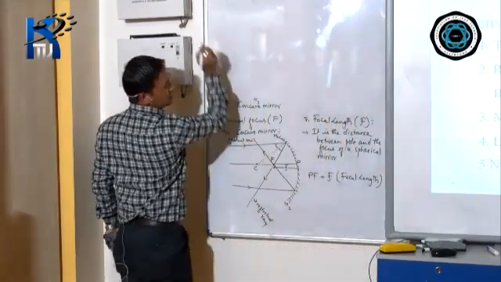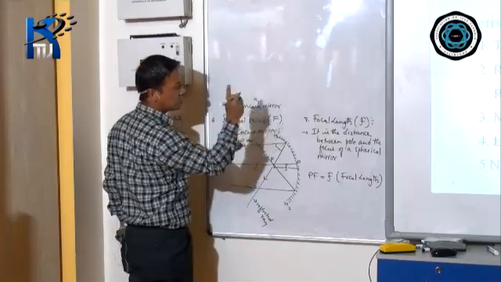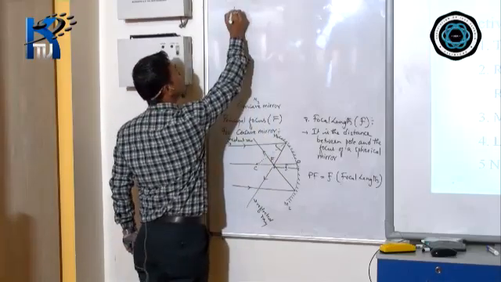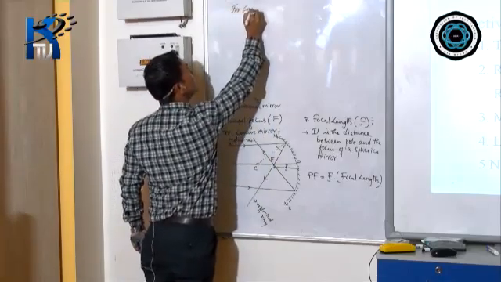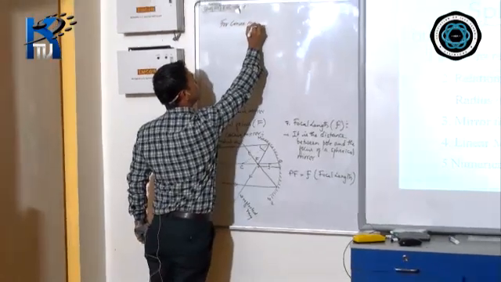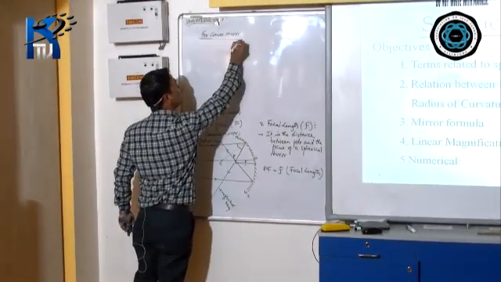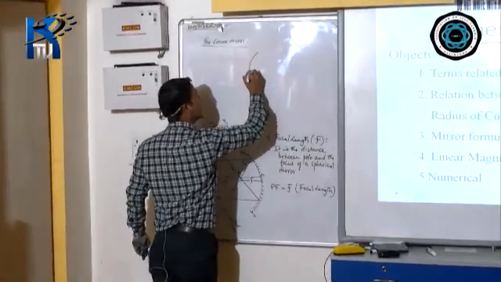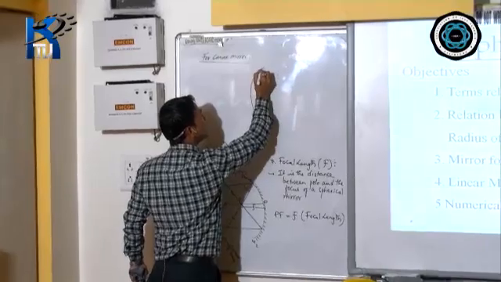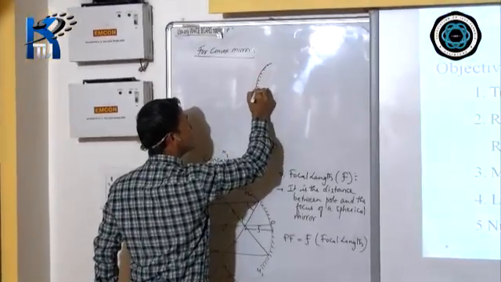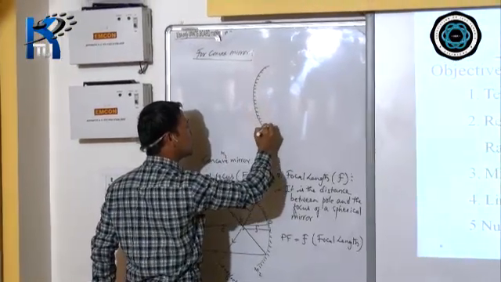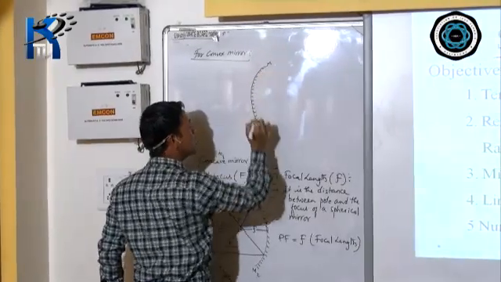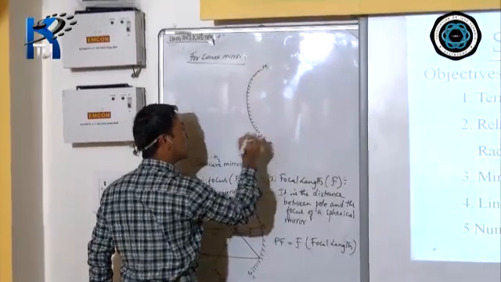Now I can define principal focus and focal length for a convex mirror. Again I'll take a convex mirror. Now you know the shape of a convex mirror. This is a convex mirror with the two edges marked as M1 and M2.